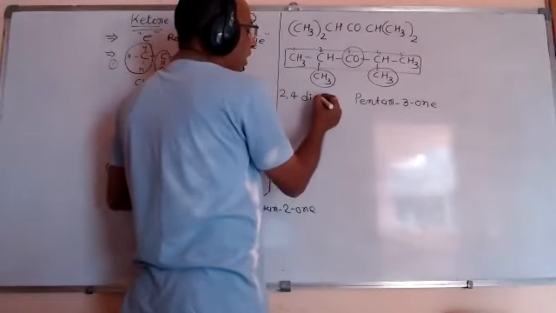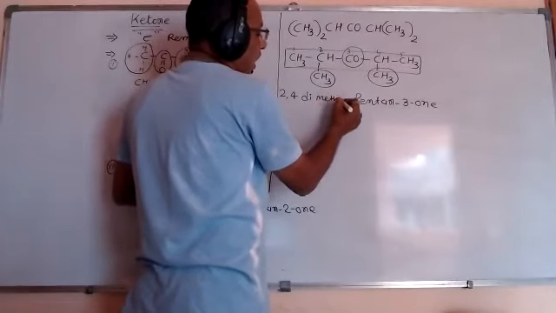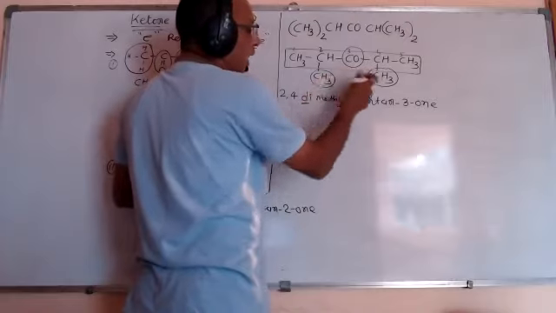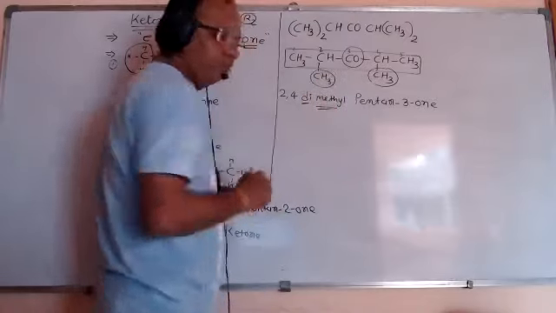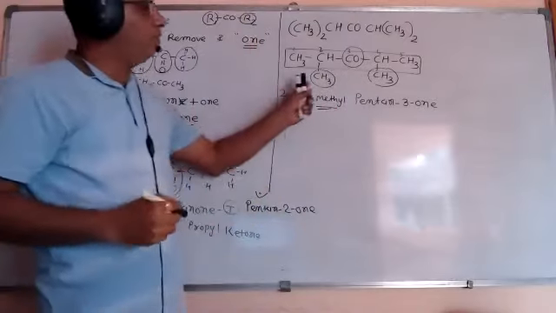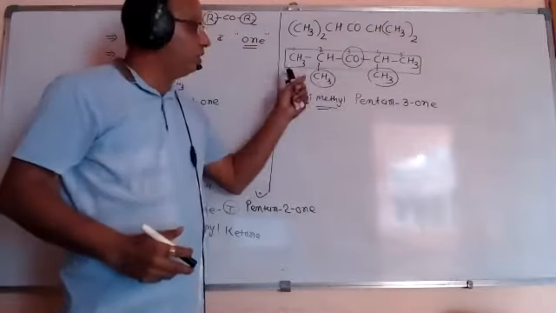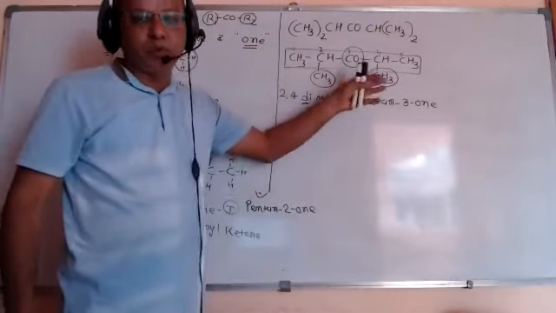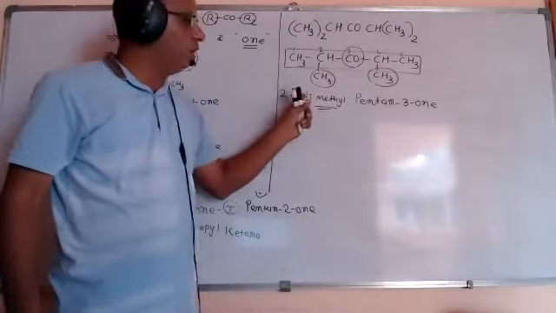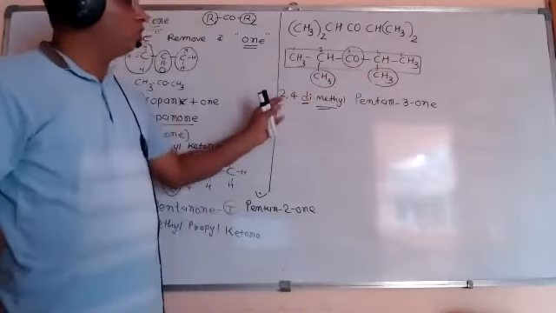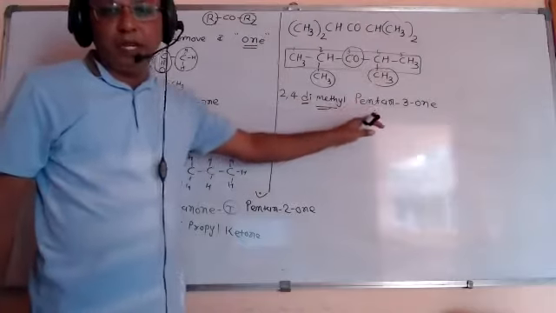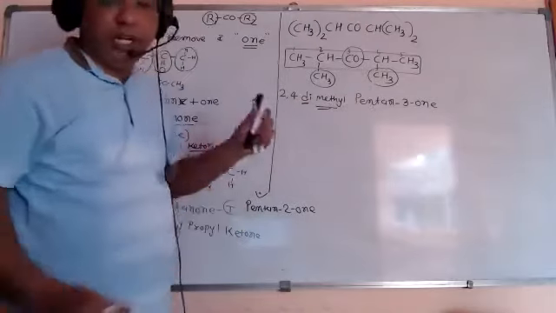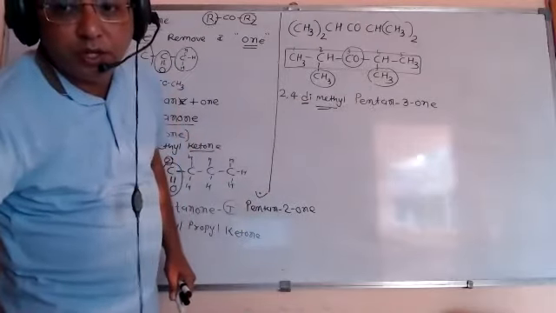That's why we write di and methyl: di for 2 times, methyl for CH3. Instead of CH3 2 times, if one CH3 is present and one something else, in that case di is not to be used. So the name is 2,4-dimethylpentan-3-one.